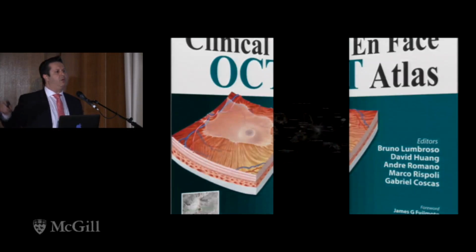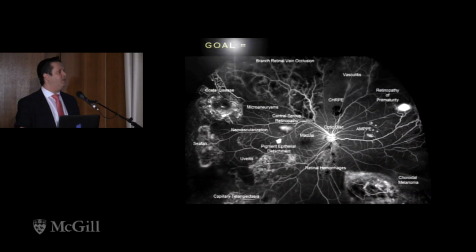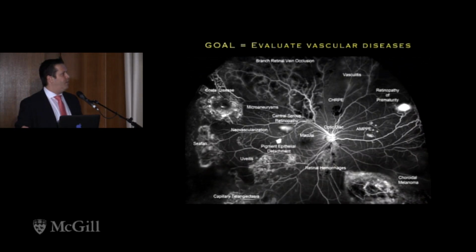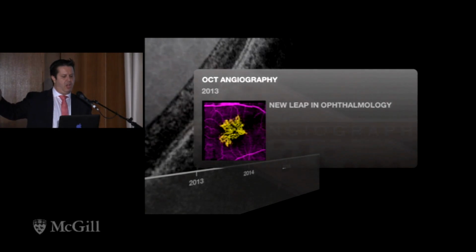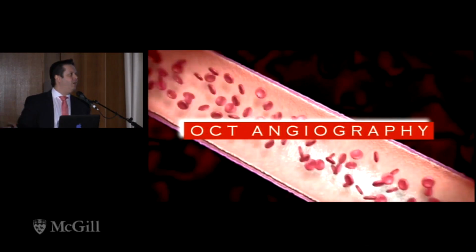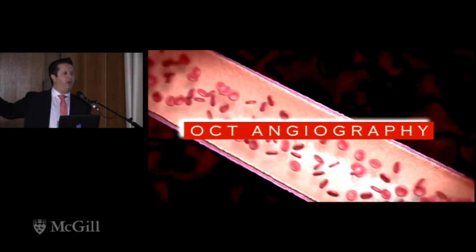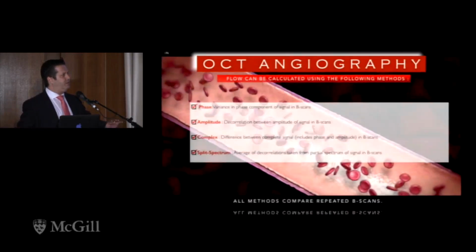Why? Because our goal was using OCT to evaluate vascular diseases. So we had in mind that we would like to see these kinds of modifications on OCT. This technology today is the new leap in ophthalmology. It's called OCT angiography. How does OCT angiography work? I'm not going to go into details.